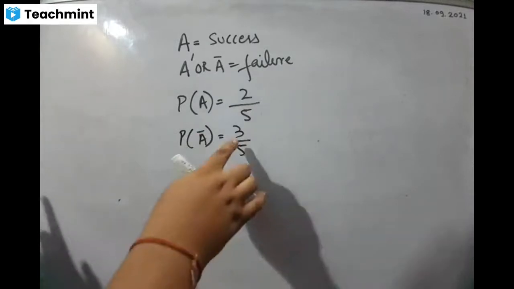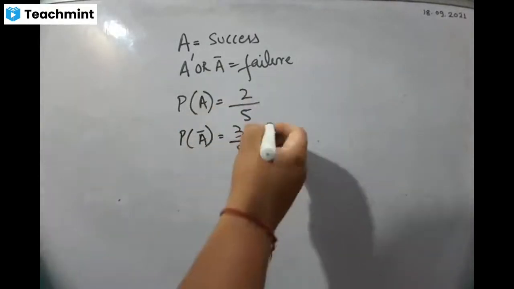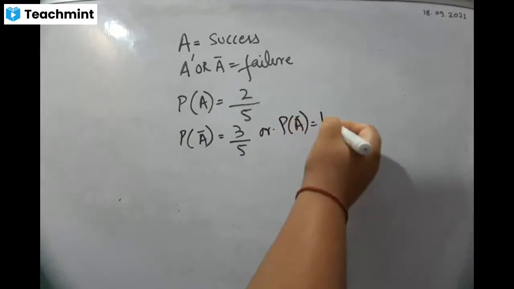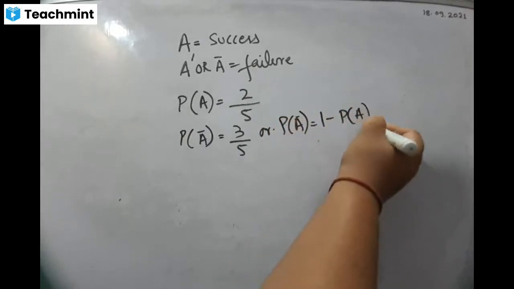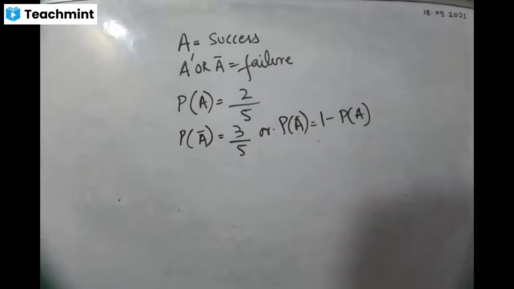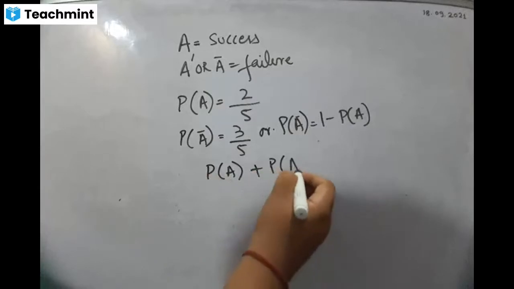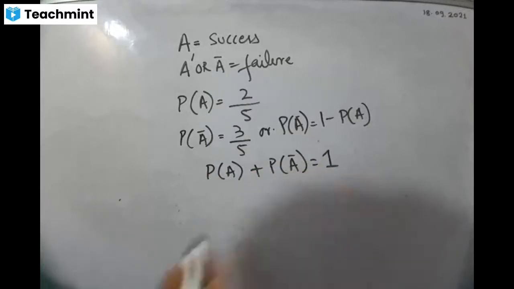You can calculate this either from observation, or you could calculate the probability of A dash as 1 minus the probability of A, because I told you overall probability will always be 1. Probability of success plus probability of failure will always be equal to 1.